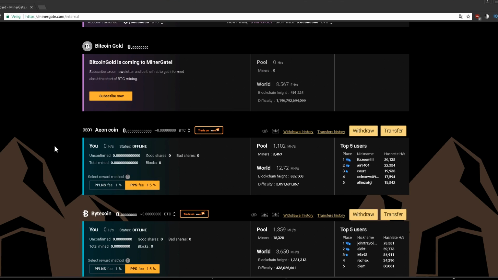You have here pay per last N share, which has a fee of 1%, and pay per share. Pay per share means it will instantly go to your unconfirmed balance. PPLNS means this unconfirmed amount will only change if a block has been found.